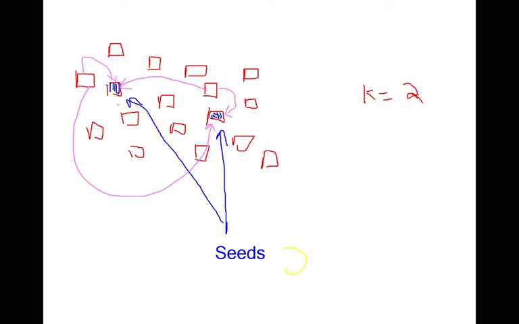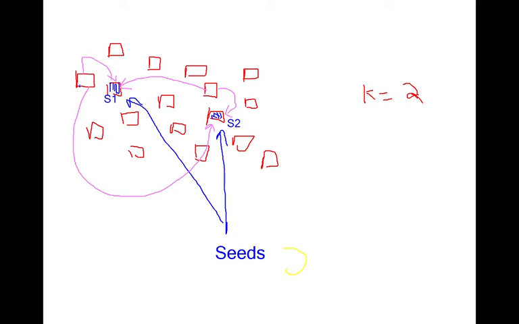And then for example, this data point is nearer to this one. Okay, let me number them as well. We call this S1, and let us call this S2, seed 1 and seed 2.